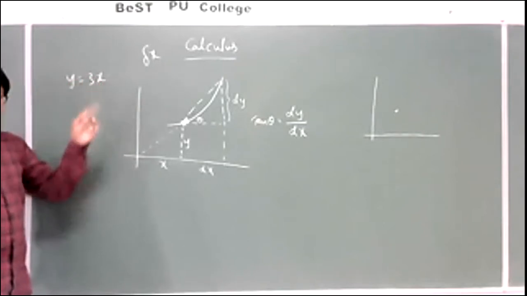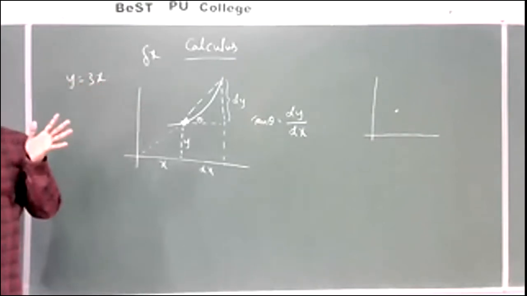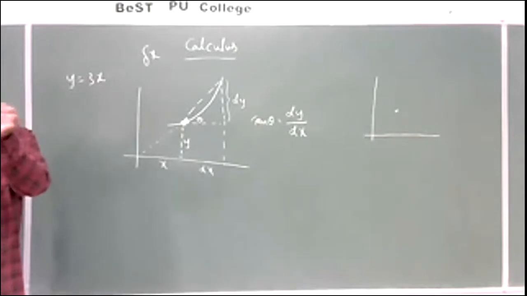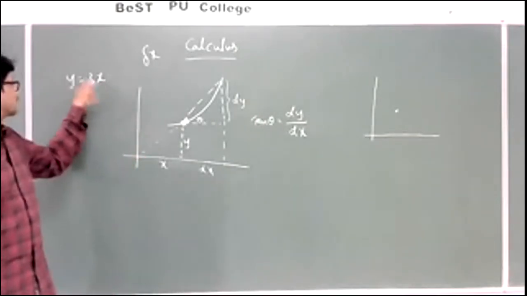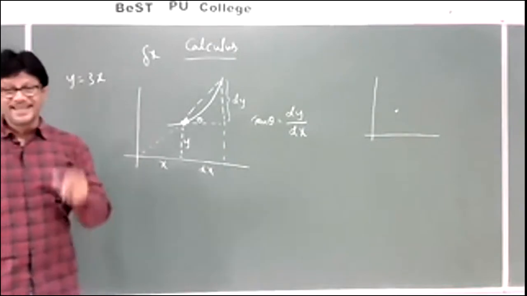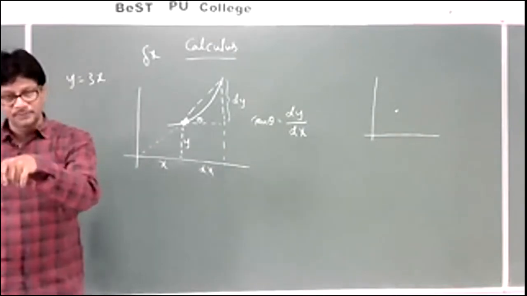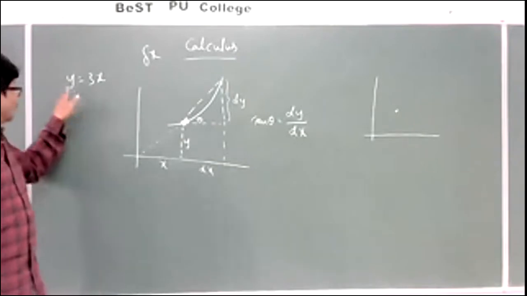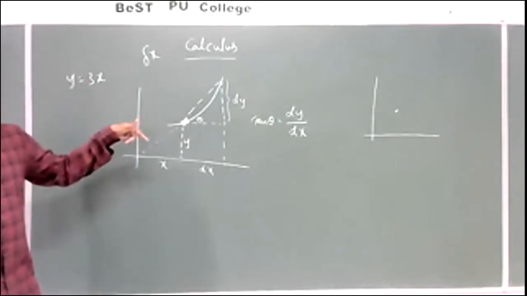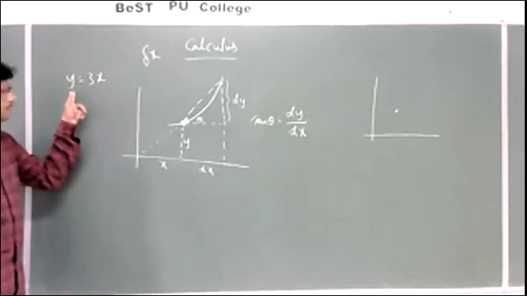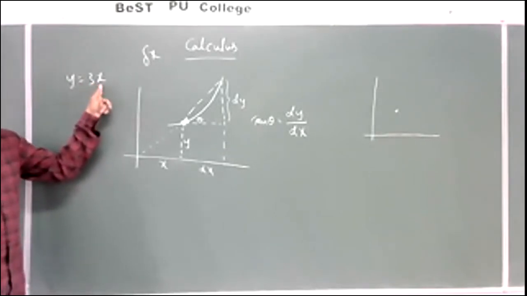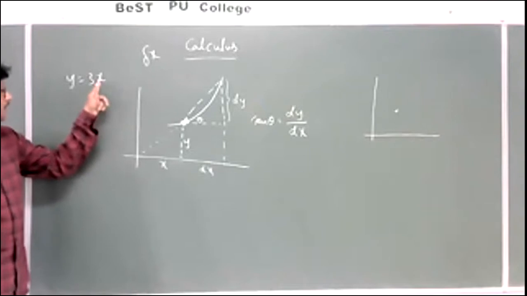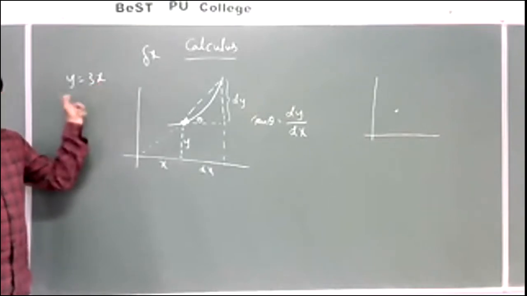But x is an independent variable. An independent variable is nothing but one whose value does not depend on y. X is the independent variable, whereas y is the dependent variable. Why is y the dependent variable? Because the y value depends on the function of x. If you take x value as 1, y is equal to 3.